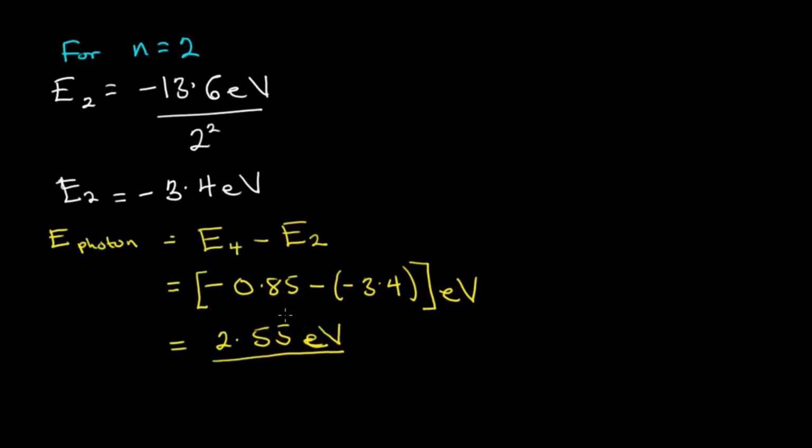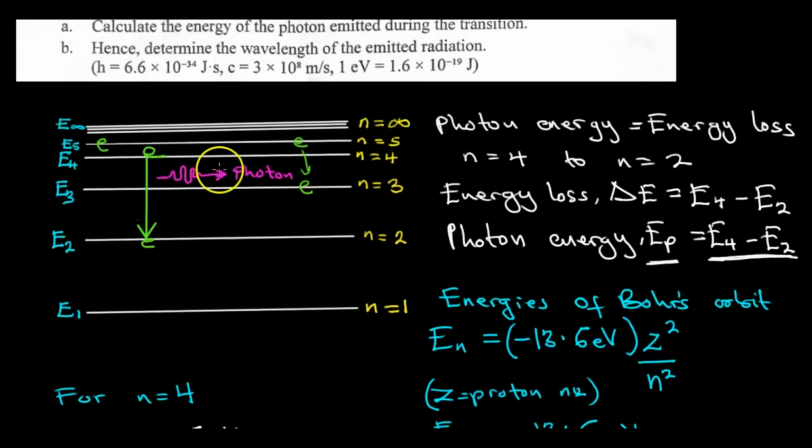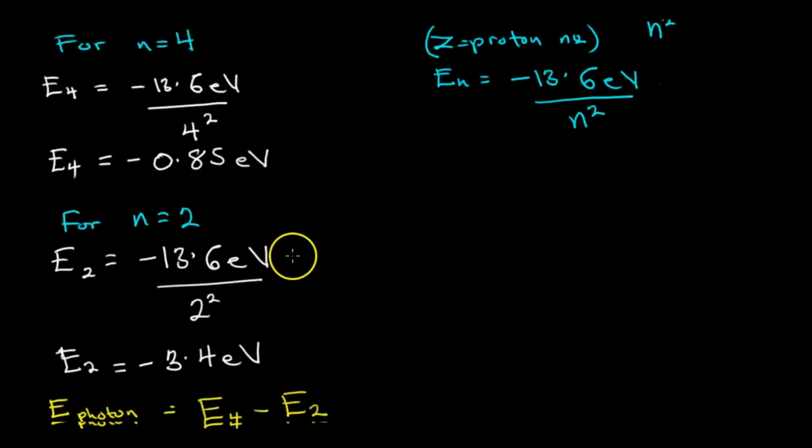Now we are to change this electron volt to joules, and we've been given the relation that 1 electron volt is equal to 1.6 times 10 power negative 19 joules. So we are going to use this relation to convert.